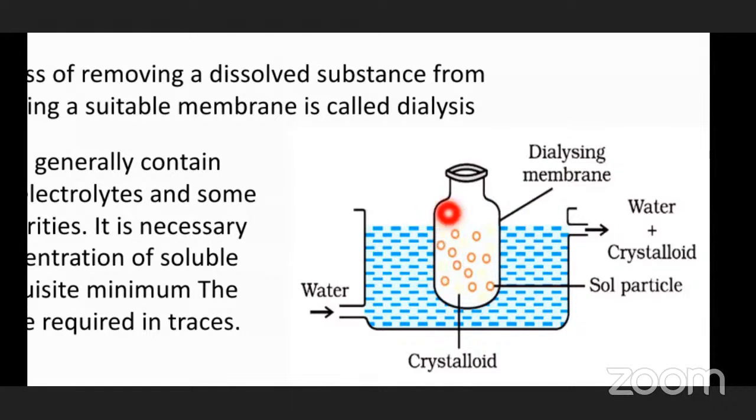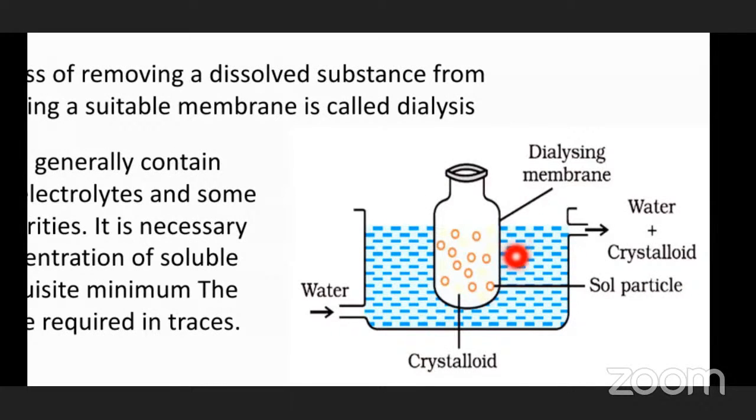What happened here? The bag is acting as a semi-permeable membrane. Simply, there is always continuous flowing of water. The impurities or soluble molecules are thrown outside from this bag into the continuously flowing water. This process is called the dialysis process.